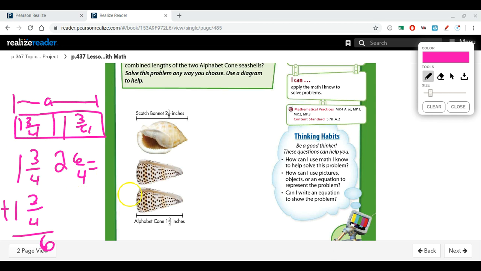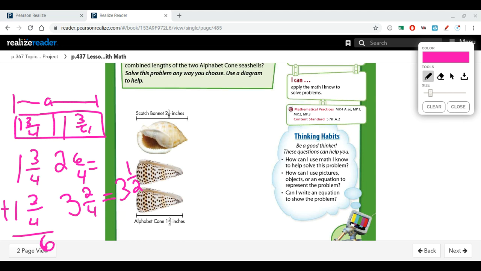So 4 goes into 6 one time, so the 2 becomes a 3, and then I'm left with 2/4 left over, and then I need to see, can I simplify 2/4? The answer is yes. I can divide both 2 and 4 by 2, so my answer is going to be 3 1/2. So that's the first step.